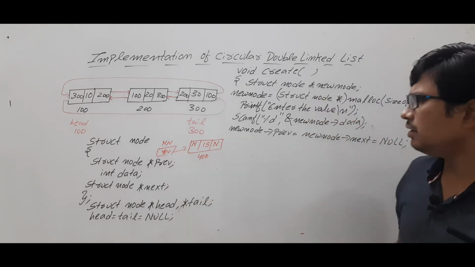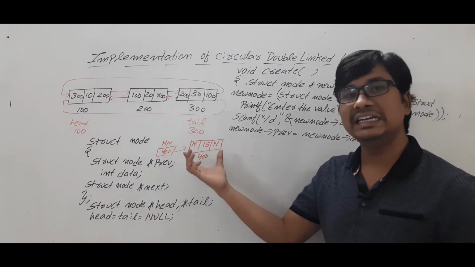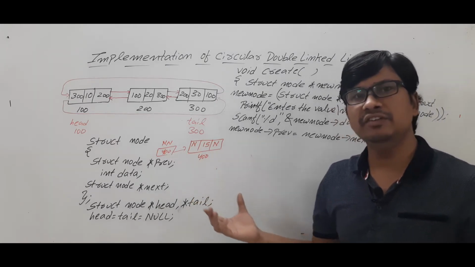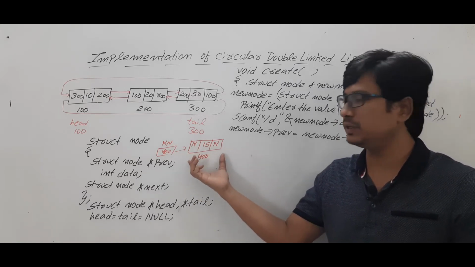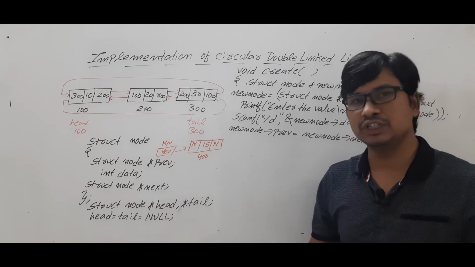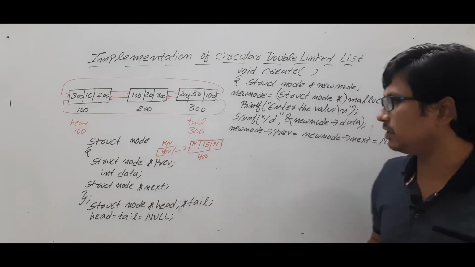Now we need to check whether the linked list is empty or not. If the linked list is empty, whatever node we are inserting or creating will be the first node and the last node. So how can I check whether the list is empty or not?